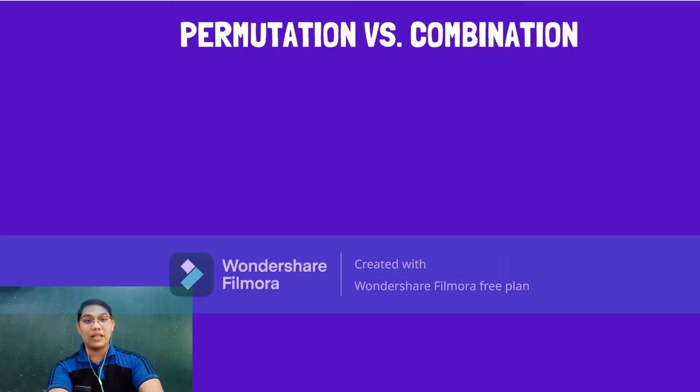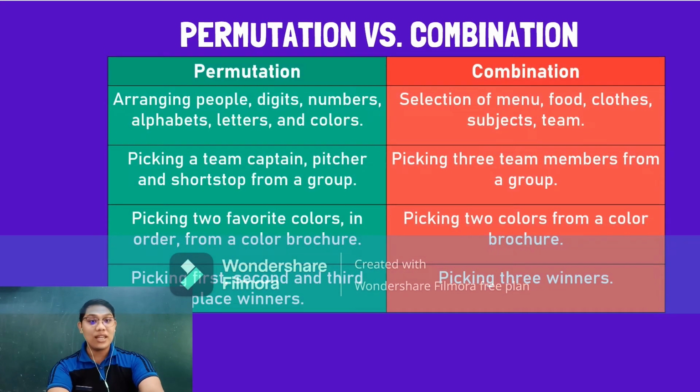Permutation versus combination. As you can see on your screen, there are several situations depicting permutations on the green side, and there are situations depicting combination on the red side. First, some examples of permutation: arranging people, digits, numbers, alphabets, letters, and colors.